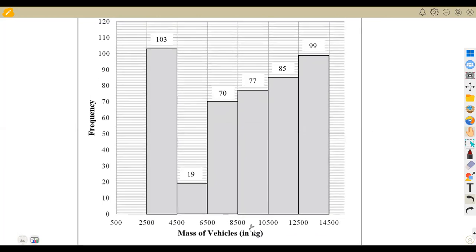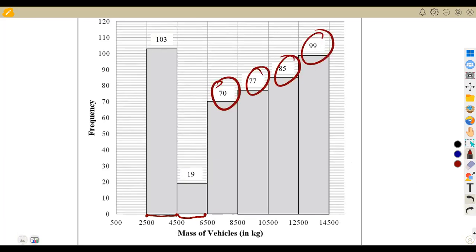Considering the mass from 2,500 up to 4,500, how many vehicles were being recorded? That is the frequency, which is the number we are given on top, 103. From 4,500 to 6,500, the frequency is 19, and so on. The frequencies 70, 77, 85, 99, and so on.